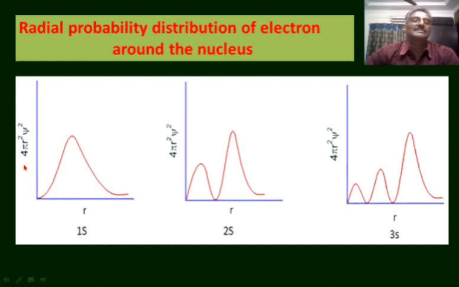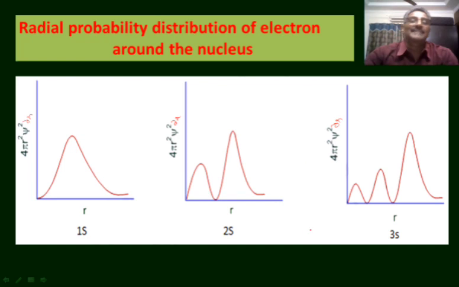In these curves, 4 pi r square psi square represents, actually this is 4 pi r square psi square into dr. We need to write dr also. 4 pi r square psi square into dr is to be taken here.